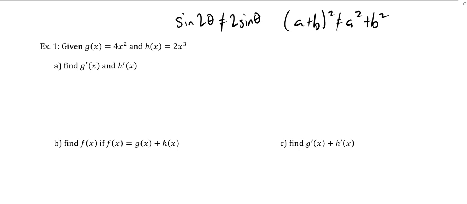How are we doing with this? Andrew, can you give me G prime? Very nice. How many people got 8x? We got 8x, right? It's pretty straightforward. Very good.